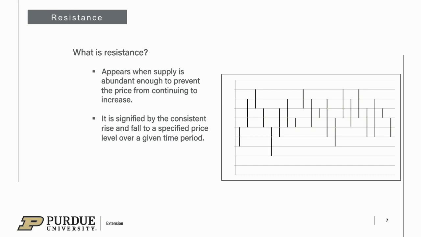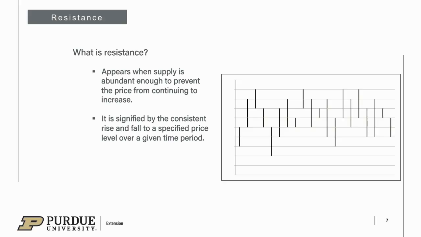And the first one we're going to look at is resistance. Now, resistance appears when supply is abundant enough to prevent the price from continuing to increase. So its price keeps moving up and down, and hitting this certain level of resistance. And it's signified by that price moving up and down and hitting that wall.